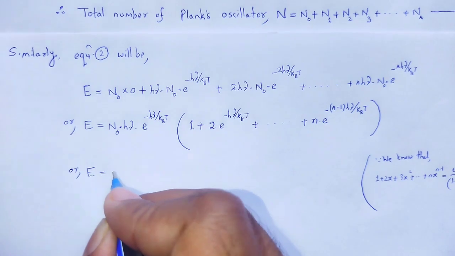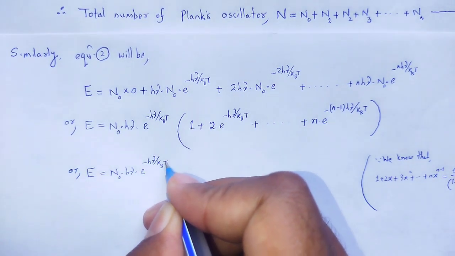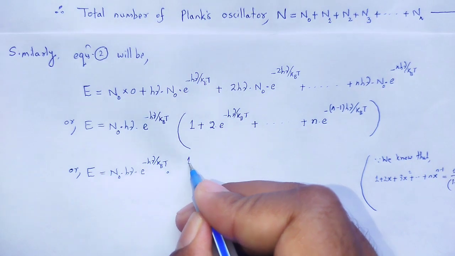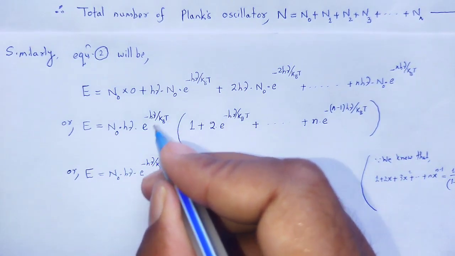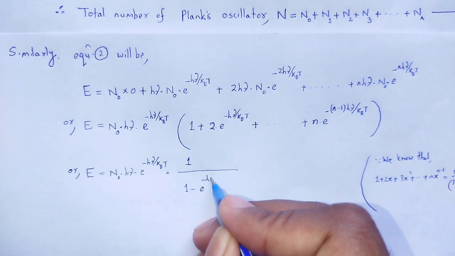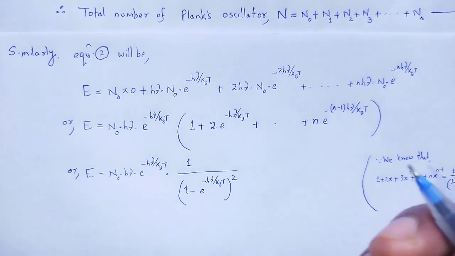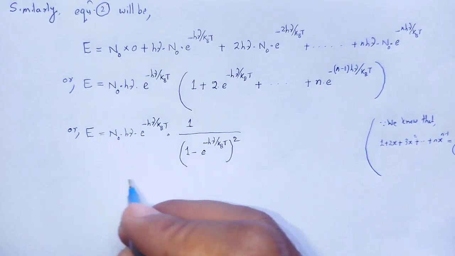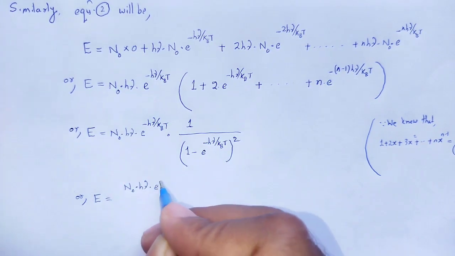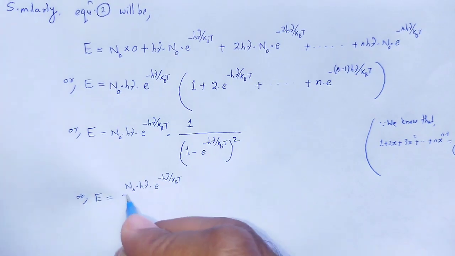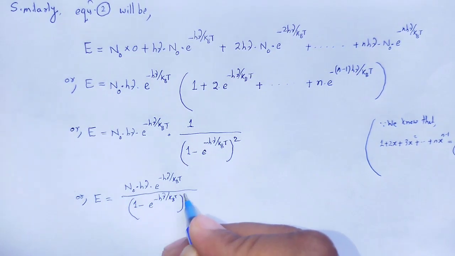The energy is equal to N0 h nu e to the power minus h nu by kBT into this expansion as 1 divided by 1 minus e to the power minus h nu by kBT, that is for x, h nu by kBT, whole square, or E is equal to N0 h nu e to the power minus h nu by kBT divided by 1 minus e to the power minus h nu by kBT whole square.